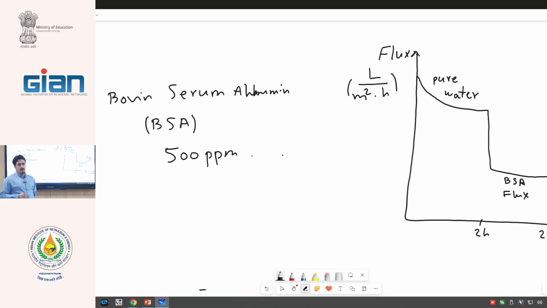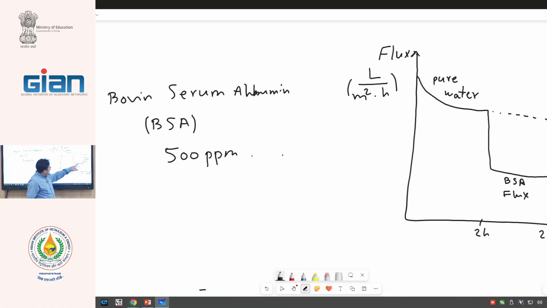With this data, we can calculate the membrane intrinsic resistance, membrane resistance to the gel layer, membrane resistance to pore size fouling, and others with this simple test, okay? If our membrane is very good, this flux should be here.